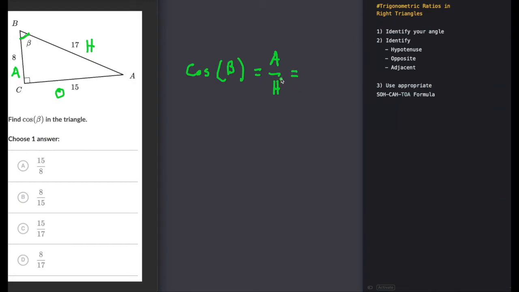And in this case, my adjacent side is 8 and my hypotenuse is 17. So the cosine of beta is 8 over 17. And that looks like option D in this case. So that's going to be our correct answer.